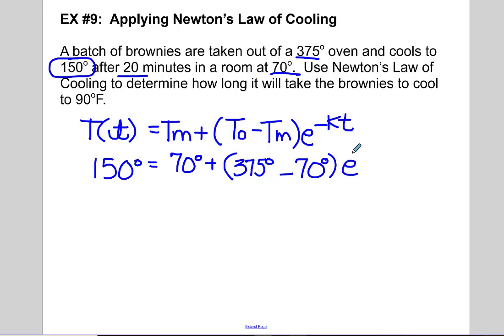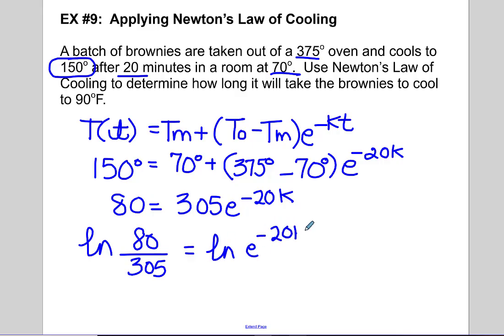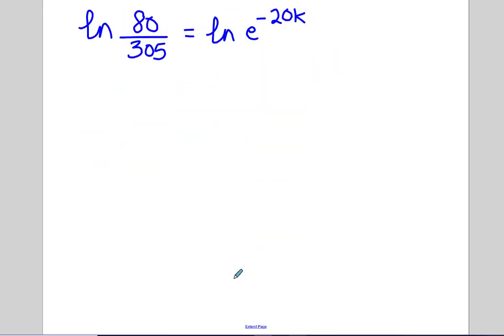So t is going to be 20, and at first we need to find the value for k. So 150 minus 70 gives us 80, and 375 minus 70 gives us 305, times e to the negative 20k. So if we divide by 305, we can take the natural log of the left and the natural log of the right and get the 20k out of the exponent.